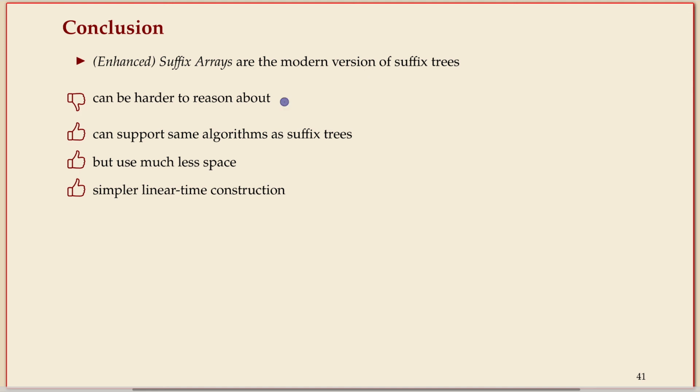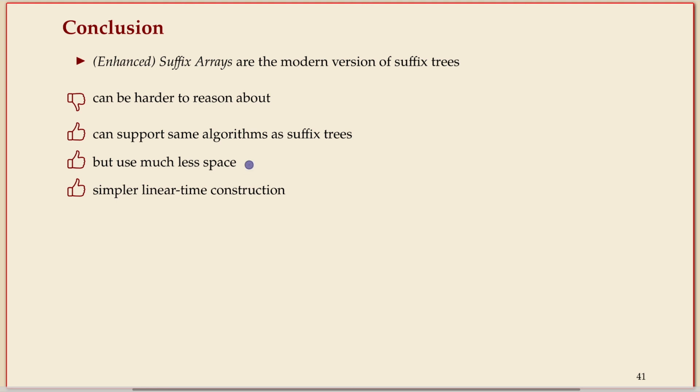The only downside I see is that it is more complicated to reason about because it's just these lists of numbers, and you always have to keep in mind what is L and R and all these things. But you can support the same operations as in suffix trees, and there's even an automatic way. If you came up with an algorithm for suffix trees, you can translate it to one that works on the arrays in a schematic fashion.